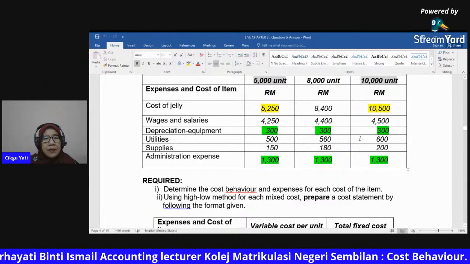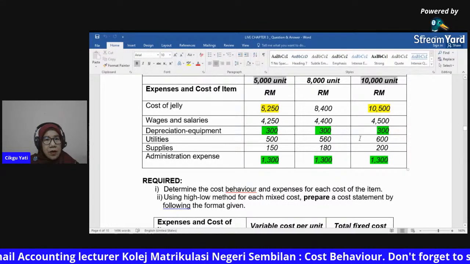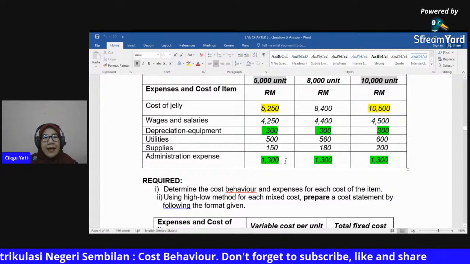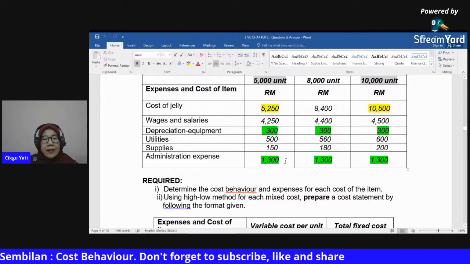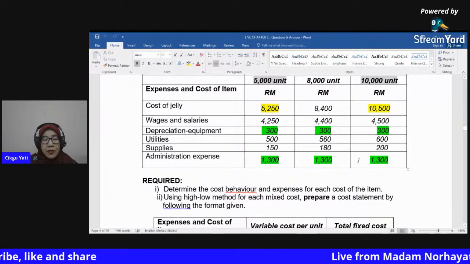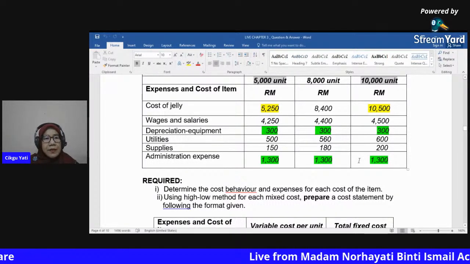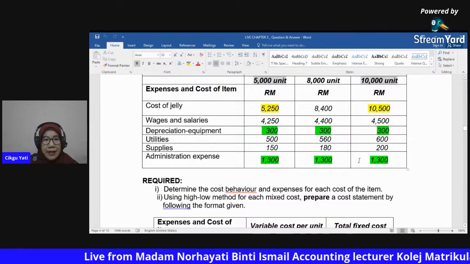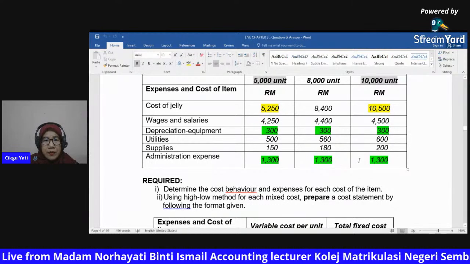It might be variable cost or mixed cost, but we have to calculate using the high-low method. And the last one, admin expenses, the cost remains constant, so administration expense is classified as fixed cost.